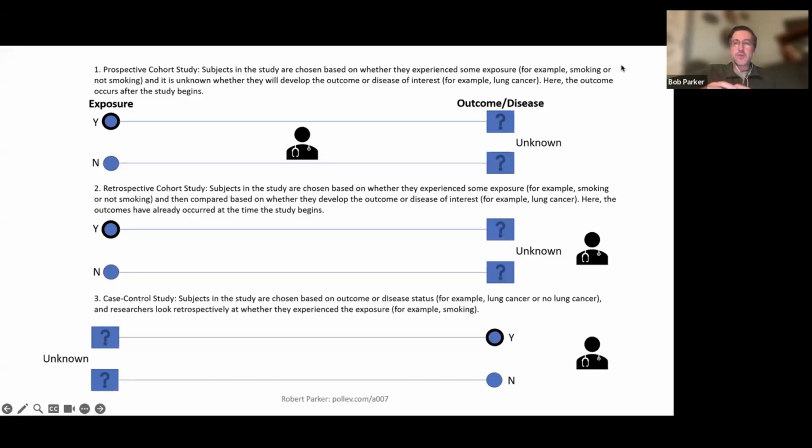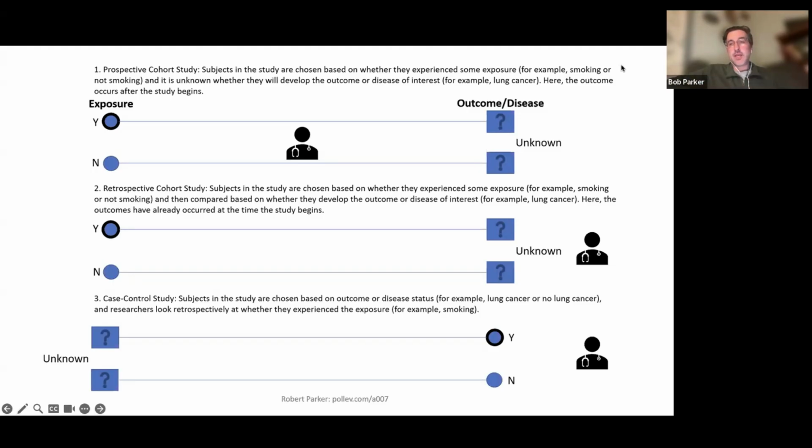Right? So think about something like pancreatic cancer. It's somewhat rare, but if we were going to follow a group of people to see whether or not they develop pancreatic cancer over the course of their lifetime, how many would we need to follow in order to find just a few, right? It would be a big population.